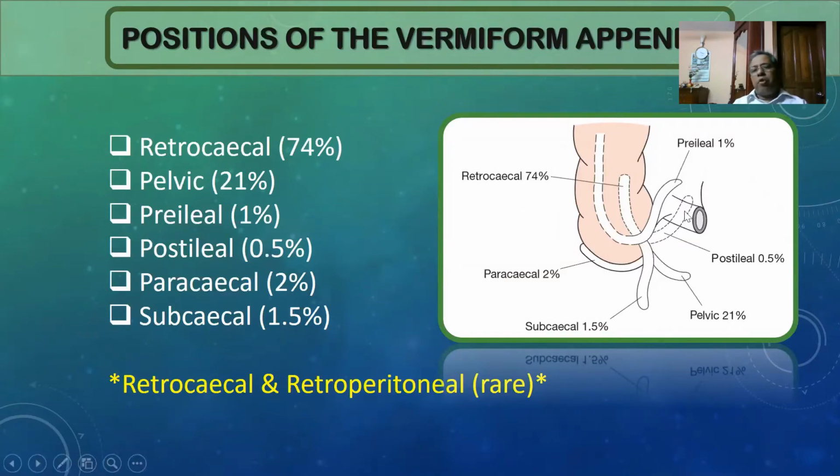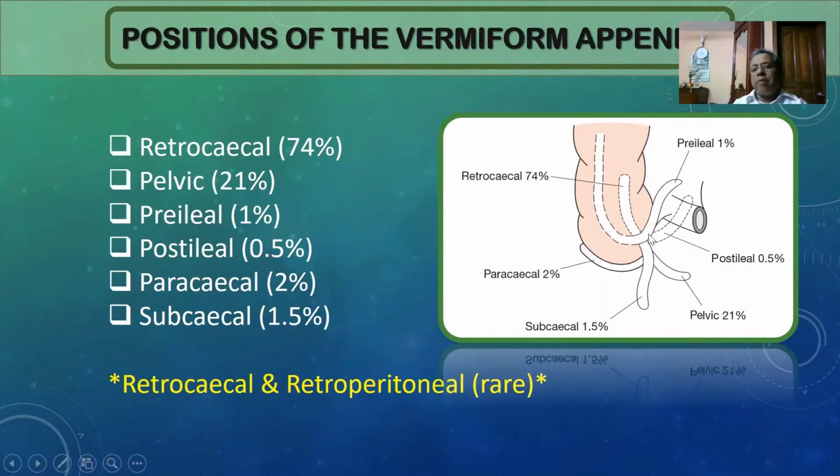Look at the position, look at the cecum. That cecum is completely covered by the peritoneum. And behind, the peritoneal reflection goes and forms the parietal wall peritoneum. So when the appendix lies between the parietal peritoneum and the cecal peritoneum, it is called retrocecal.